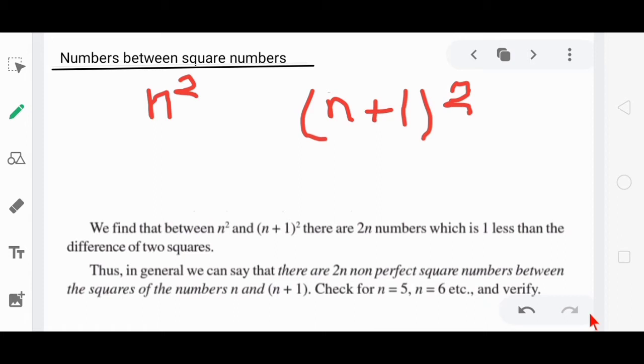So the number of non-square numbers between these two numbers is 2n. In general we can say that there are 2n non-perfect square numbers between the squares of numbers n and n plus 1.